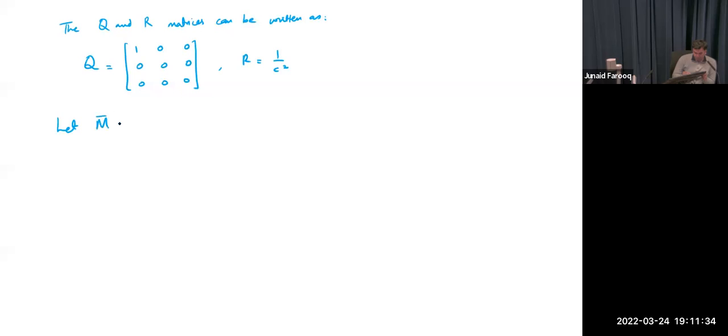Now M bar again also has to be redefined. So let M bar be a symmetric matrix, positive semi-definite. But now again 3x3, so you will have M11, M12, M13. But because of the symmetry, you will have M12 here, M13 here.